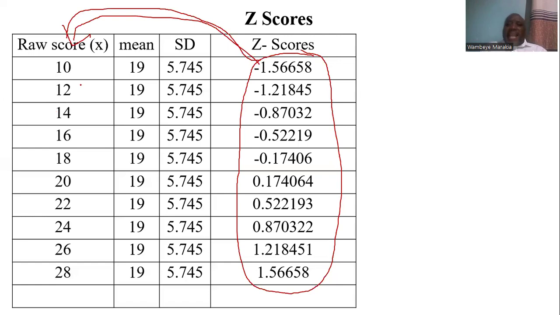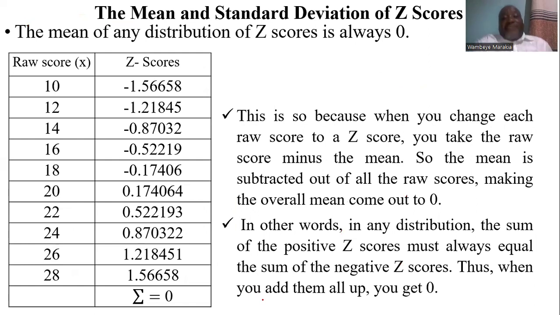If we decided to get the mean of these scores, we add all of them and get the summation here, and we divide by the number of values available in our data set. What do we see? There are several things we see here.